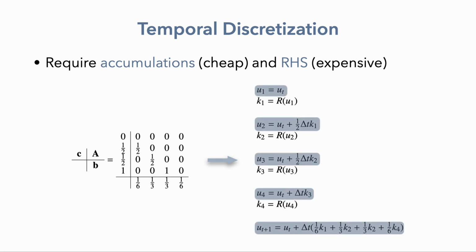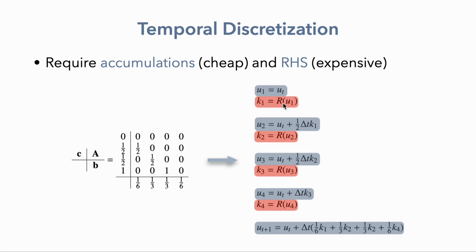Now the first type of operation we see is these accumulations, where we're basically just taking arrays and adding them to each other. So for example, to get the second stage solution, we need to take the array of the current time and add in the array of the right-hand side of U1. So these are just taking arrays and adding them to each other. This is quite cheap. What's expensive is getting the right-hand side.